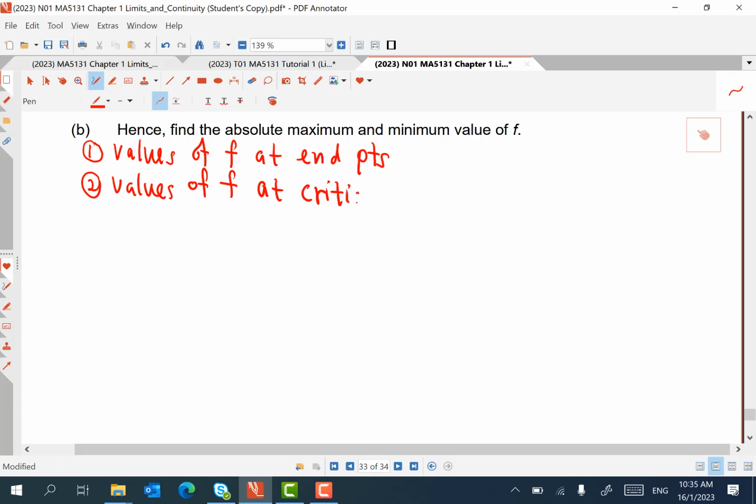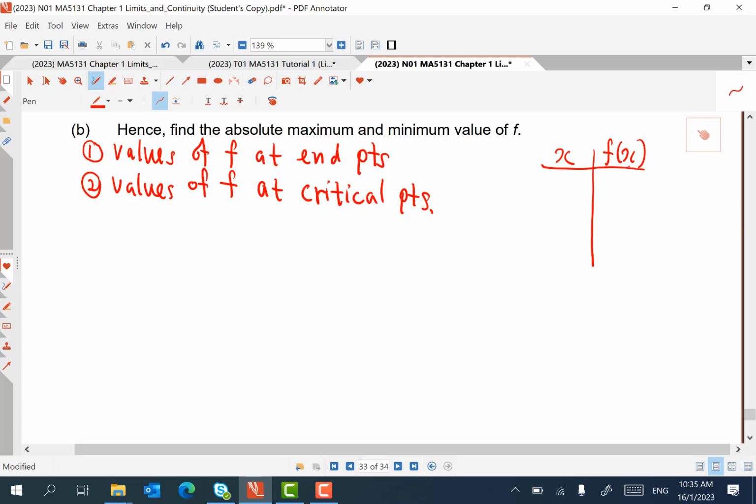So explicitly for such a question, you are required to show the value of the function at these two locations: first the endpoints, and then later on the critical points. And potentially, you could even present your solution as a table like this.